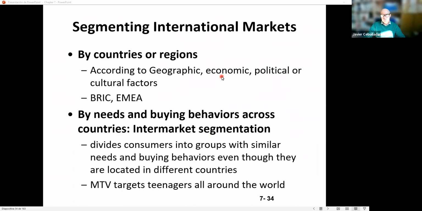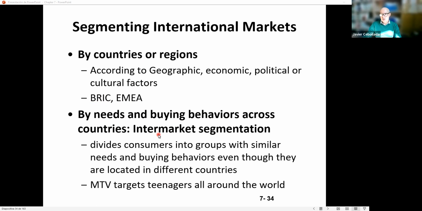Okay, when companies want to segment international markets, they sometimes, of course, use the country or the regions. That would be like a geographical segmentation, or groups of countries like the BRIC, Brazil, Russia, India, and China. But other times, companies segment international markets by the needs and buyer behavior across different countries, and this is called intermarket segmentation.